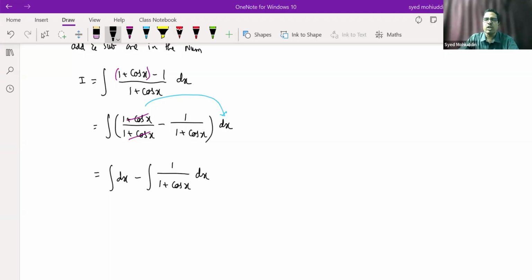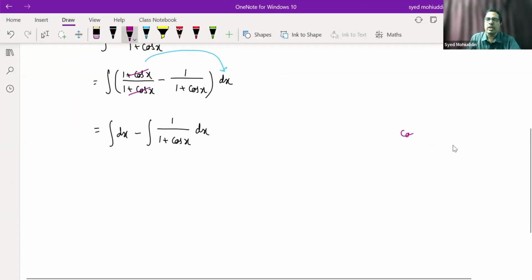If you go for the formula that I have given you in the previous class, we know cos 2 theta is 2 cos square theta minus 1. The 1 comes to this side, so it becomes 1 plus cos 2 theta equals 2 cos square theta.